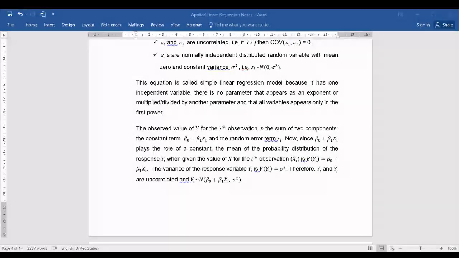This information, people, is not in the guide. This paragraph is there in the guide, but what I'm saying, why the yi are normally distributed, is not in the guide.